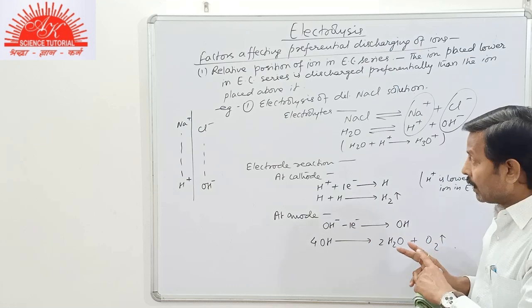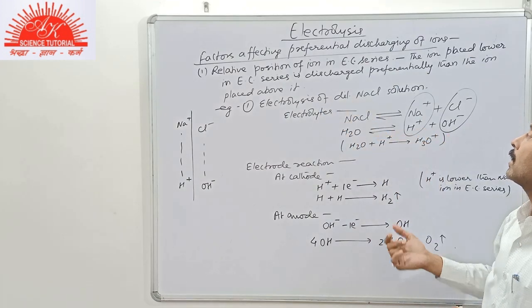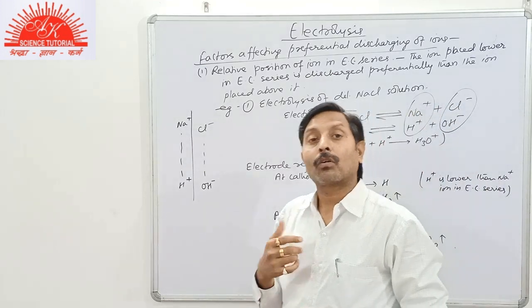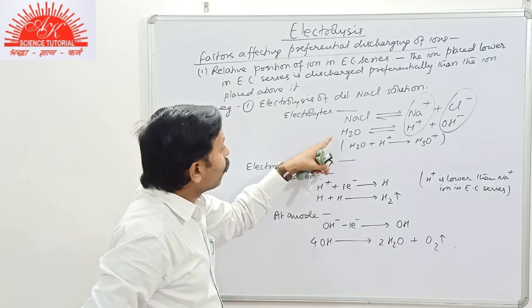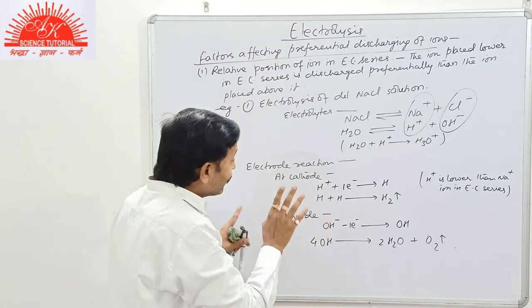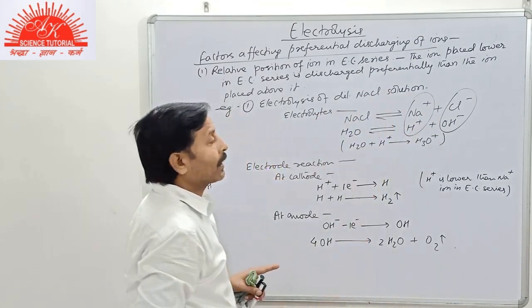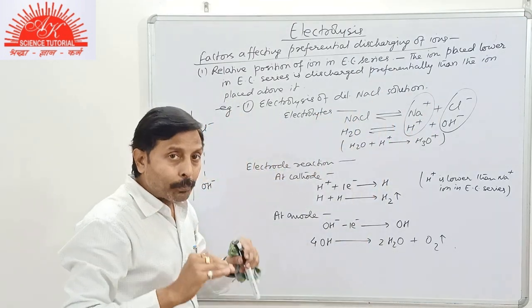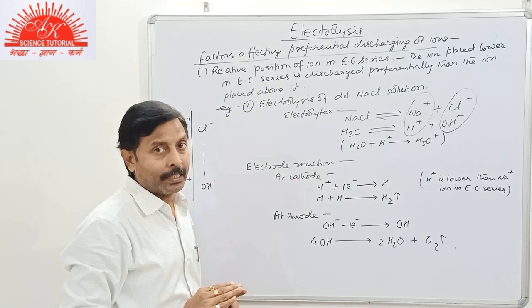Thus our heading was electrolysis of dilute sodium chloride, but actually the electrolysis of water has taken place here. The reason is that the H+ and OH- ions were lower in position in their respective electrochemical series.